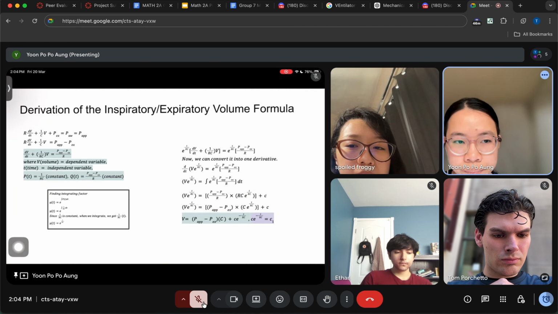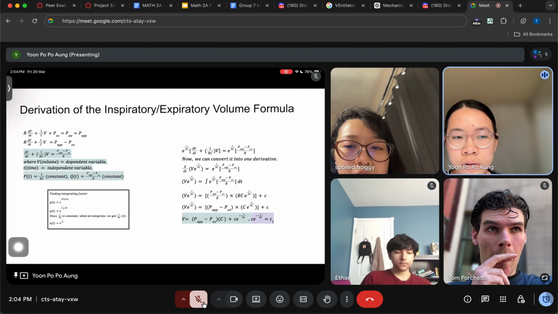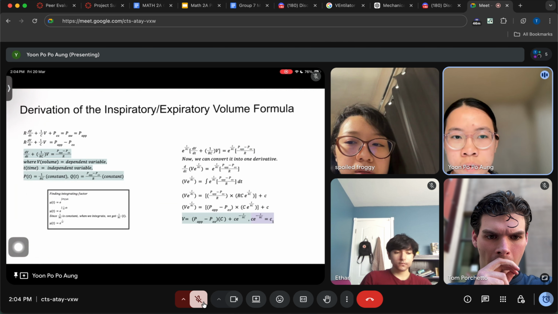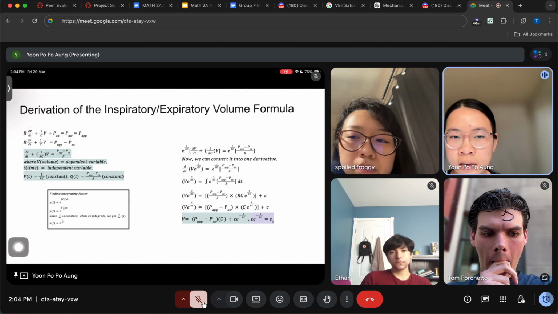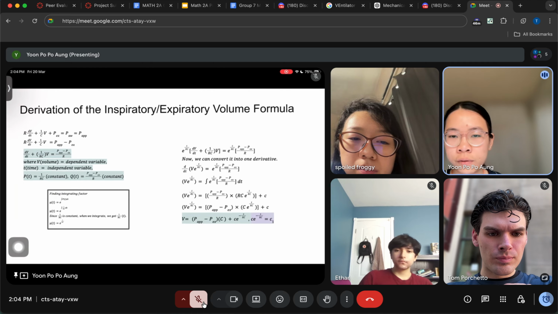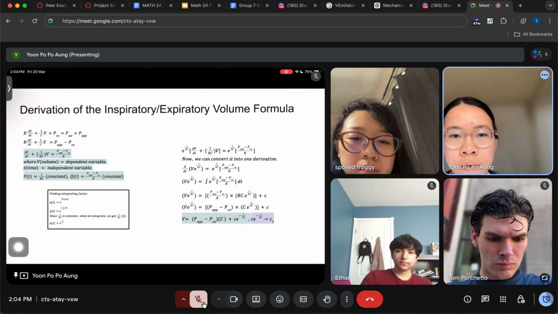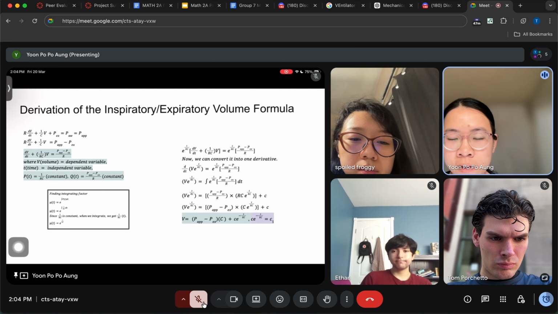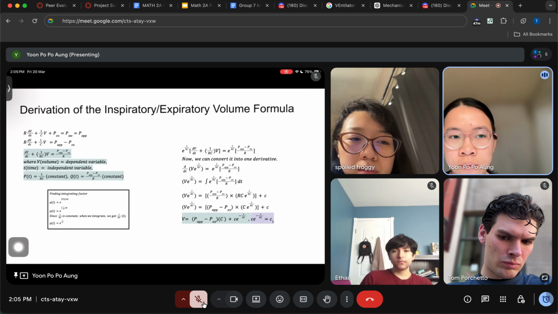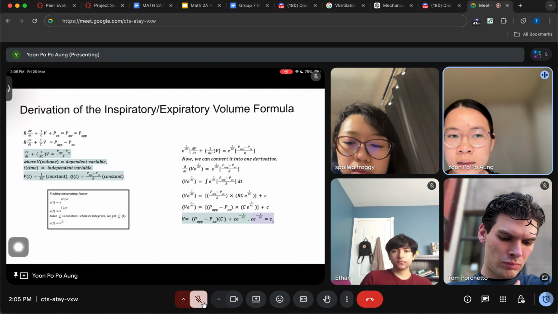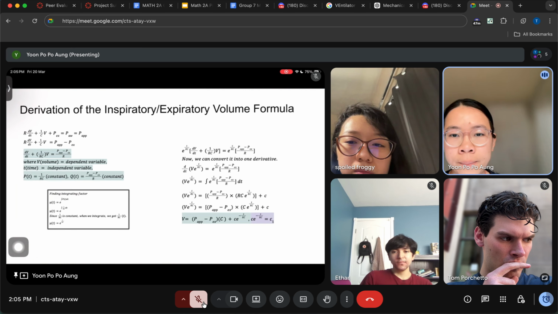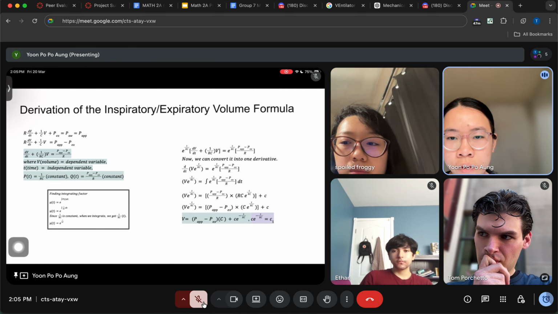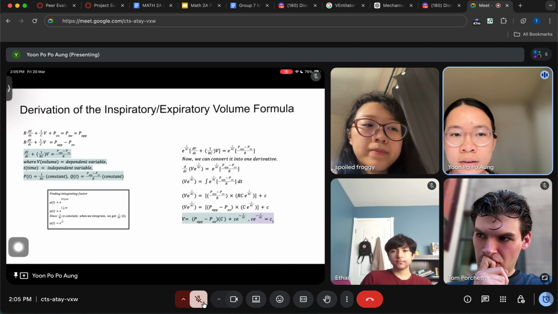During the inspiration phase, we're using constant pressure provided by the ventilator. To solve that, we use the standard form dy/dx + p(x)y = q(x), and we want to convert our equation into that standard form.